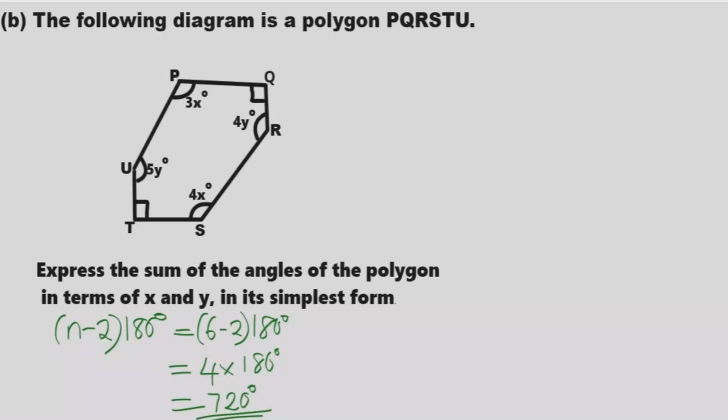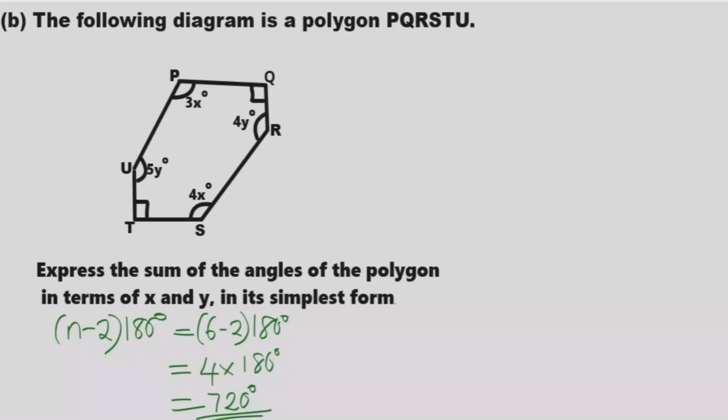So what we can do now is use that number to express the sum of the angles of the polygon in terms of x and y. To do that, we're going to go ahead and do this. Okay, first of all, for us to be able to express this, we need to add all the angles.